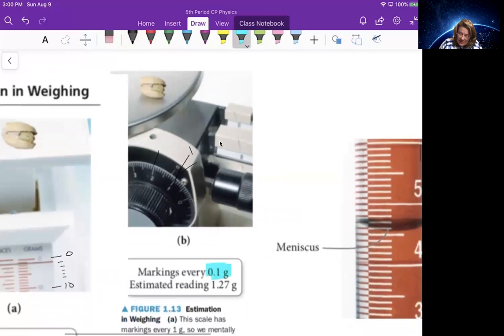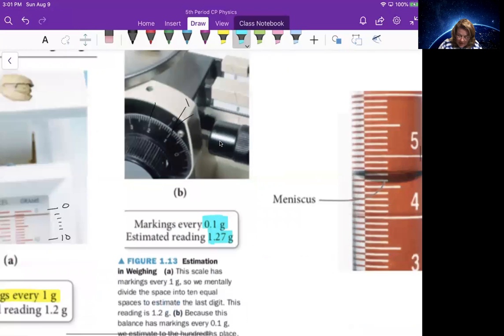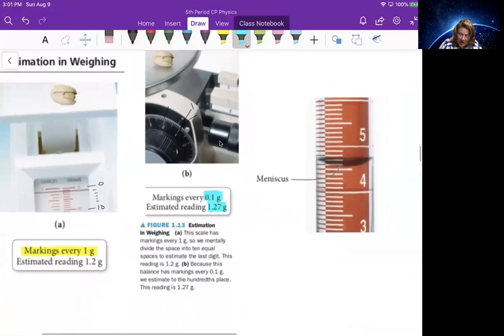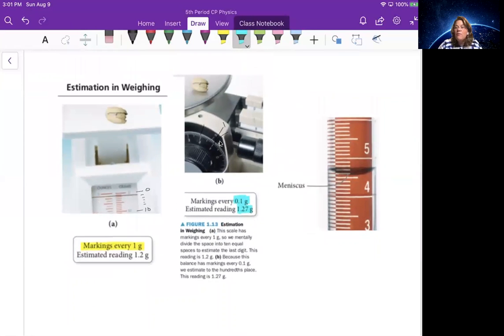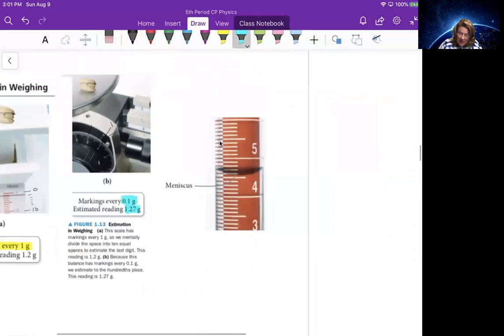And so I can estimate between 0.2 and 0.3, and I've indicated that the reading is now assumed to be 1.27, and so I had that 1 digit to the right of what the measurement tool is, and that's my estimate. And so I have 3 sig figs, and it's the same pistachio, but now I have a more accurate data point.